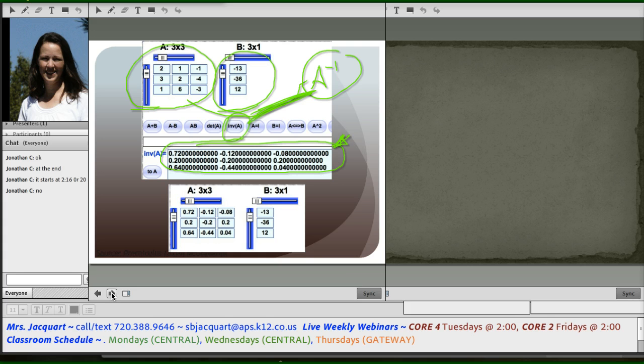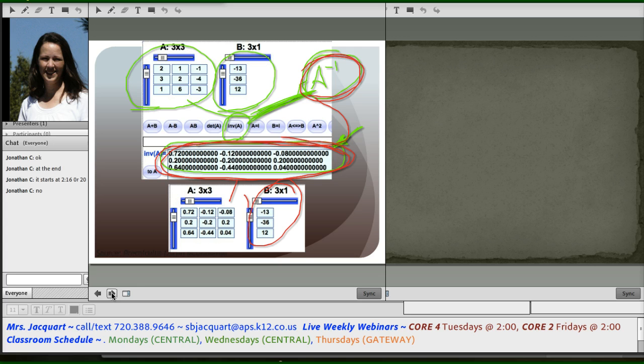And you just have to go into a graphing calculator, or do online matrix multiplication. Then what I do is take A inverse, which is this, and I want to multiply it by my B. So that's what happened here.